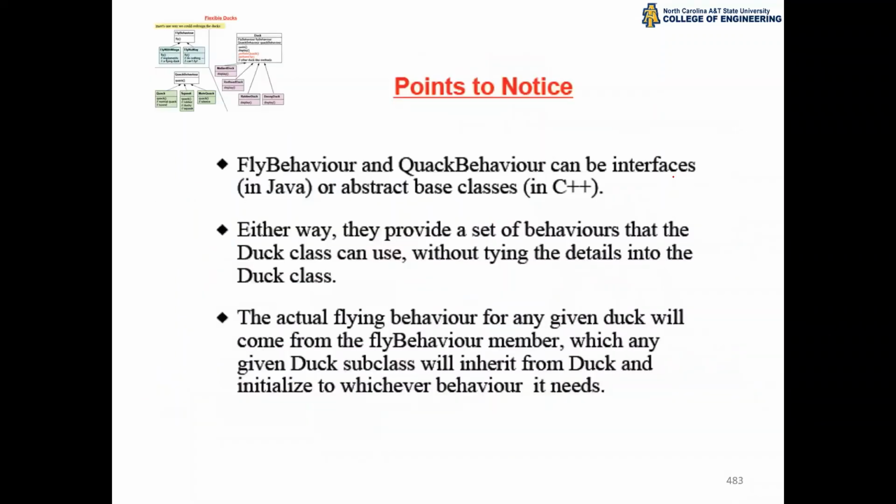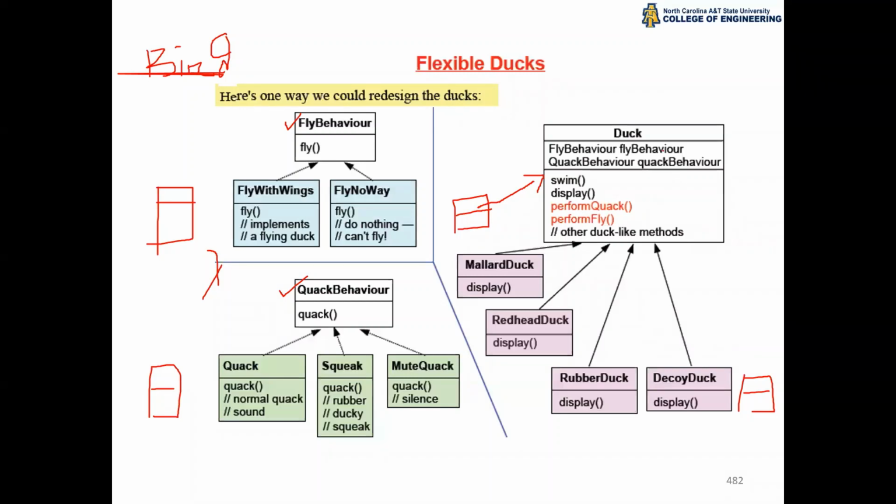And also what you can do, for example, you're trying to use your duck flying, and the duck is changing the behavior on the fly. For example, it was flying with wings, then it changed to fly no way, something like that. It started flying and is flying and then started walking. So you can change the behavior during runtime as well. So you can make the system very flexible. So now you may add many fly behaviors, quack behaviors.